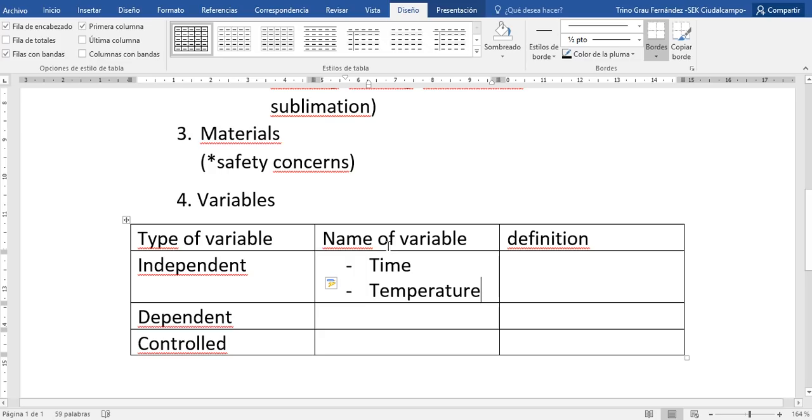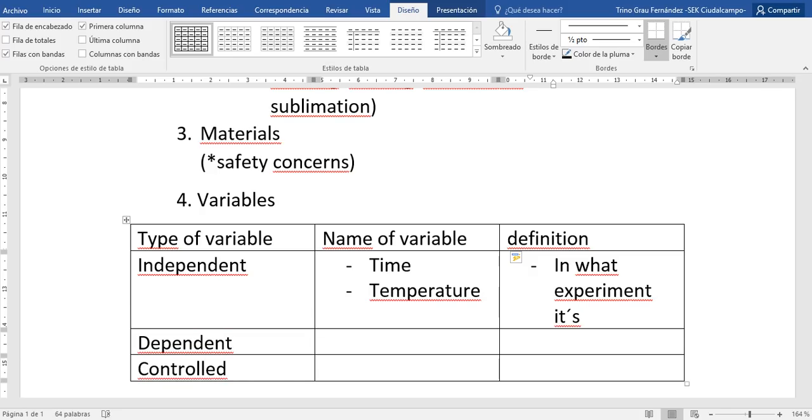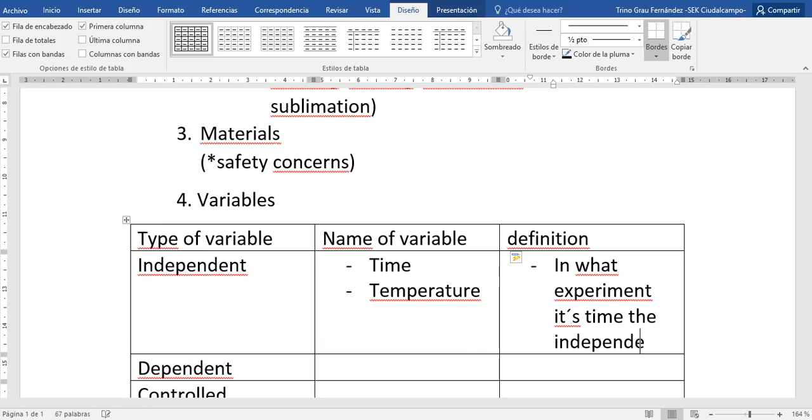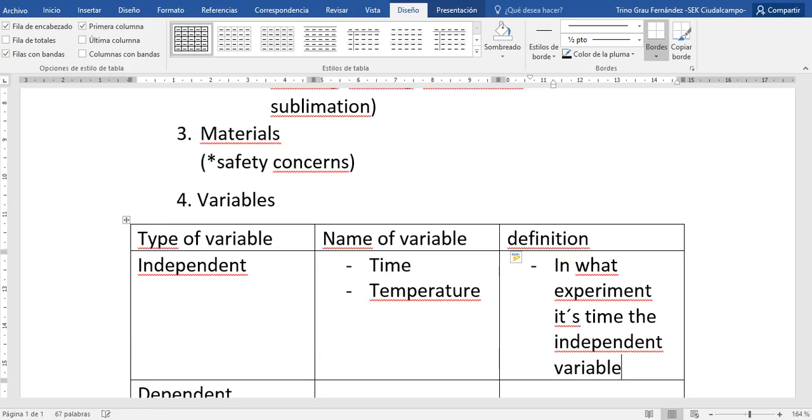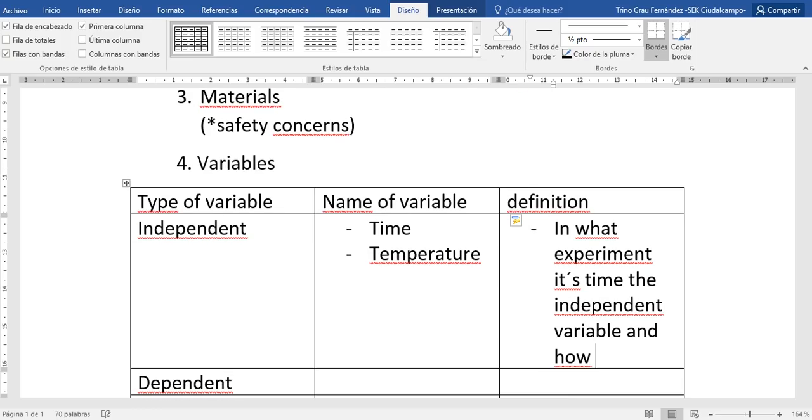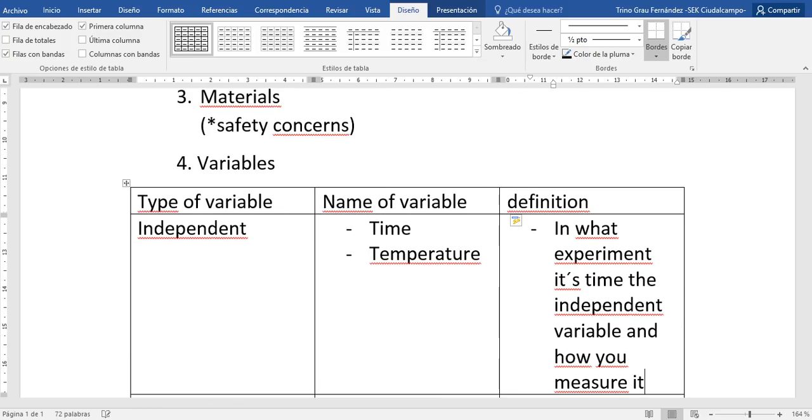So when you define the two independent variables, you need to explain, here the time, in what experiments it's the independent variable and how you measure it.